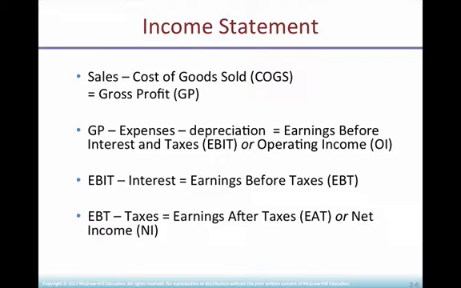Now that's the same type of information, but it shows what we just discussed on the previous income statement, how you subtract all the cost elements from sales to make it all the way to net income or earnings after taxes. So that's the theory about income statement.